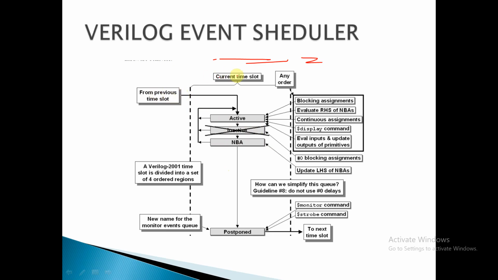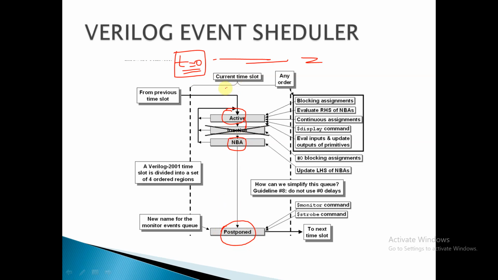Here, let's say we are in time t equal to 0. Then our compiler is first going to execute the active event, then the inactive events. We should not use this inactive event, that's why there is a cross mark here. Then it is going to execute the NBA event, followed by the postpone event.